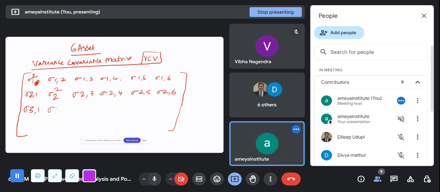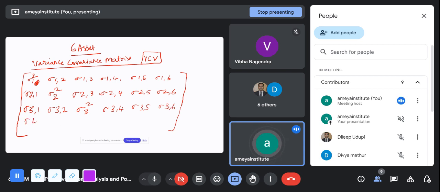Then 3 comma 2, then the standard deviation of 3 comma 3, which means 3. Can I write it here as a square? Yes. Next is 3 comma 4, then 3 comma 5, 3 comma 6.